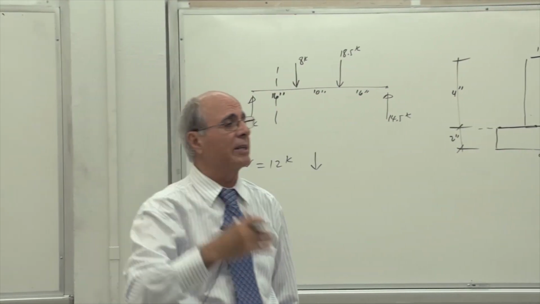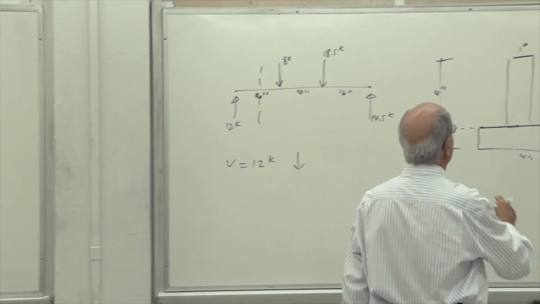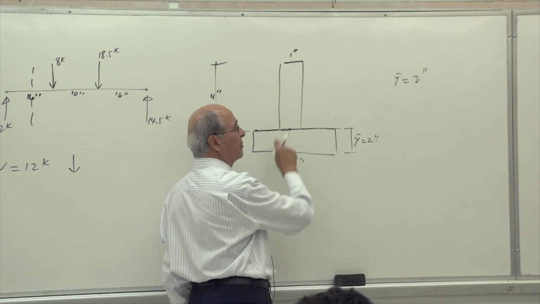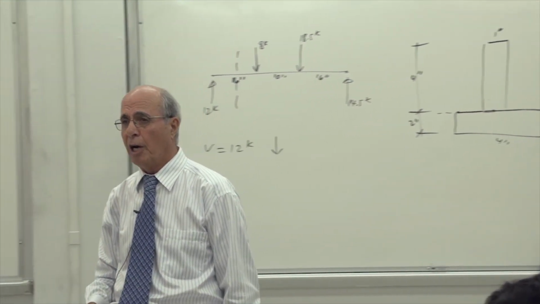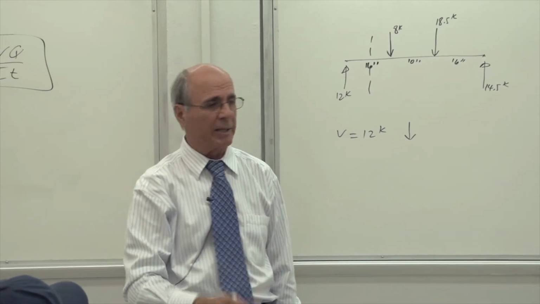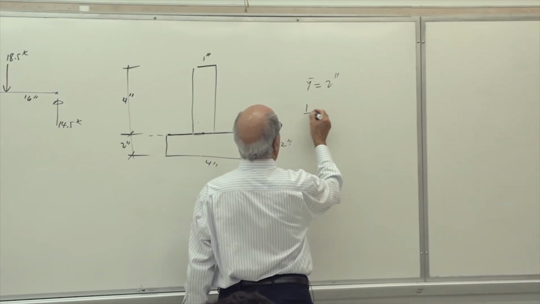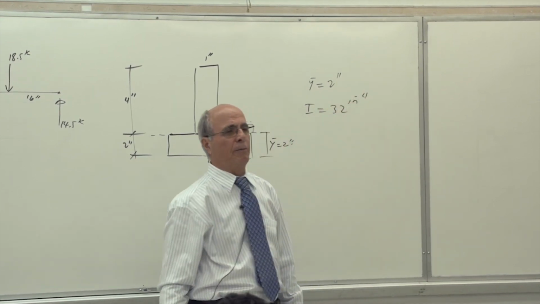You still can use the parallel axis theorem with the same result. It's a little bit more work. However, for both of them, since this is passing through the base of this one or the base of that one, you can use 1/3 of base times height cubed. That's the exception to the parallel axis theorem. Nevertheless, I'm not going to do that. So that's up to you. That I becomes 32 inches to the power of 4.